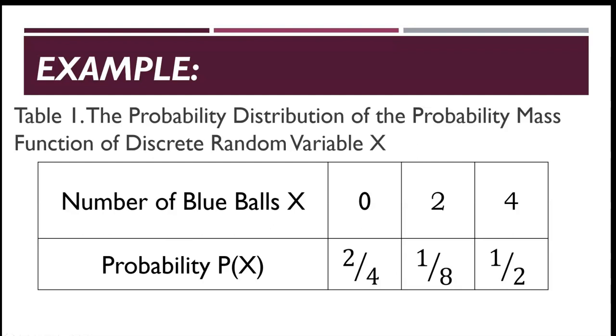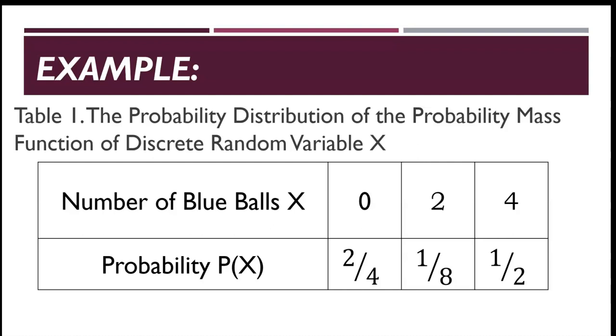Now let's have the second example. Let's check if this table represents discrete probability distribution. Now, first property, we must check the values of p of x, and they must be between or equal to 0 and 1. So 2/4, 1/8, and 1/2 are values between 0 and 1.